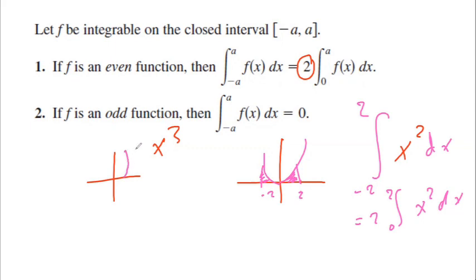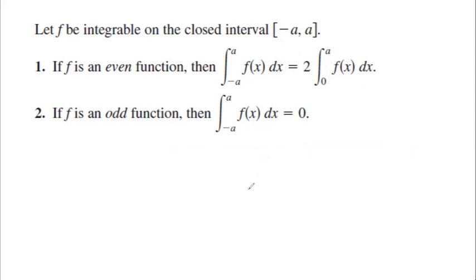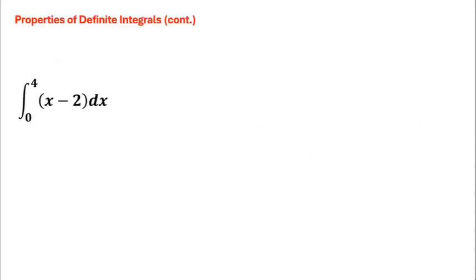But for the cubic function, if we go from -2 to 2, these areas will cancel each other, so it will always be 0. Again, these are important conceptual questions, and they always come in exams. So this is an odd function, x, so it will get us 0. An even function will be double the integral from 0 to 3.